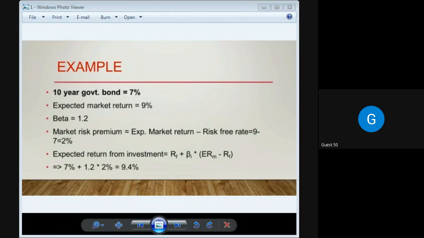Okay, is it visible? The 15-year government bond is 6%, EMR is 8%, and beta is 1.2. What is the CAPM? Okay, this is the capital asset pricing model. Let's see, find out.